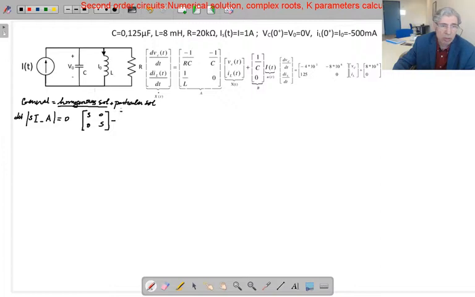Minus, now this A is this: minus 4 times 10 to the power 2, minus 8 times 10 to the power 6, 125, 0.